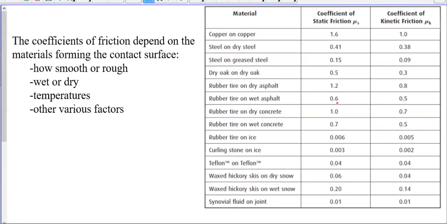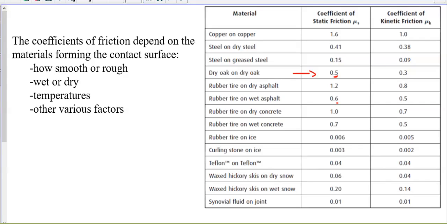For instance, dry oak on dry oak, the coefficient of static friction is 0.5. But if it's really rough oak, it'd probably be a little bit more. If it's perfectly smooth and somebody had really fine sandpaper, then maybe it's around 0.5. But there is a range.